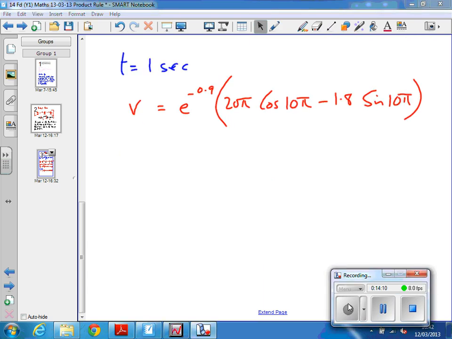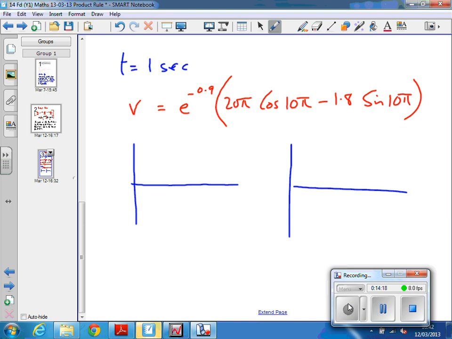At this point, we could just bang the numbers into a calculator and that would come up with the answer. However, if you have in your mind the two functions, the sine and the cosine, because we've got a cosine and a sine here, the cosine looks like this, and you know that. The sine looks like this, okay? Where this point here is one complete revolution. Now, of course, that's a 1, and that's a minus 1. I'm hoping you've got in your mind those, and you know them, okay?